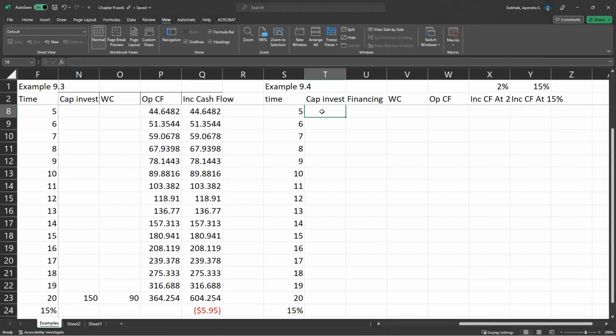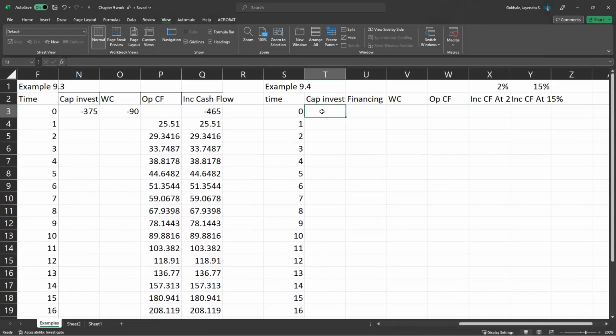We have a capital investment of minus 375 and a working capital cash flow of minus 90 at time t equals 0. Let's assume that we finance it. So we say equals minus the sum of this and this.